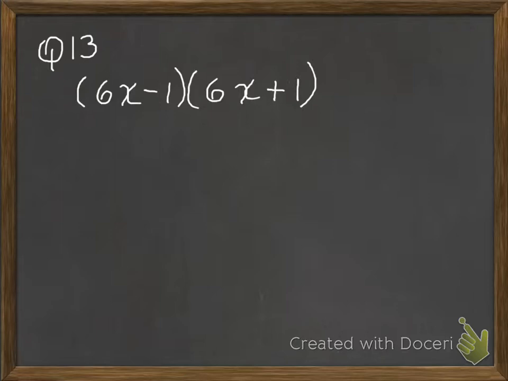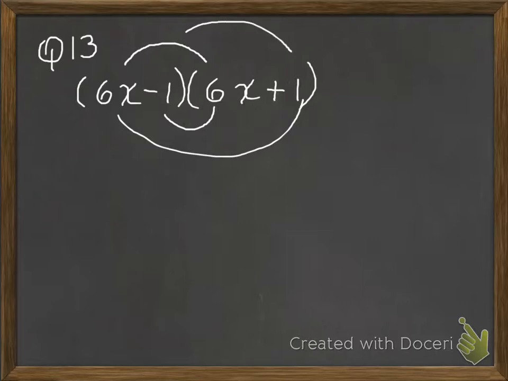here I'm going to use FOIL, which simply says I multiply the first term times the first term, the outer terms times the outer terms, the inner two terms together, and the last times the last. So that's FOIL, first, outer, inner, last. But it's a common sense method.